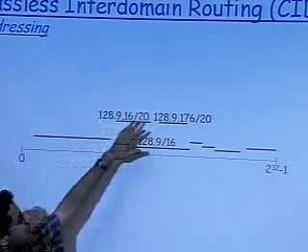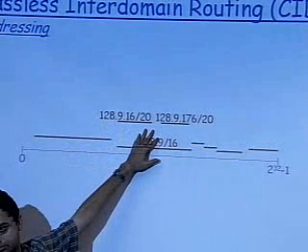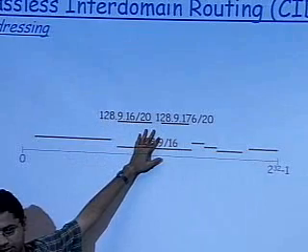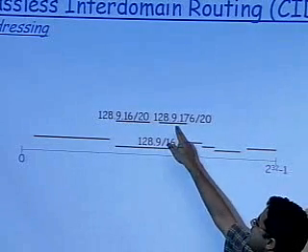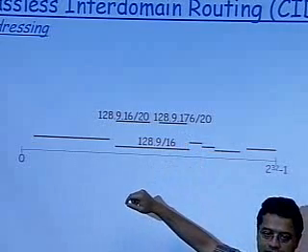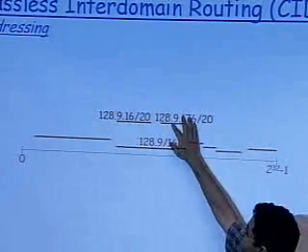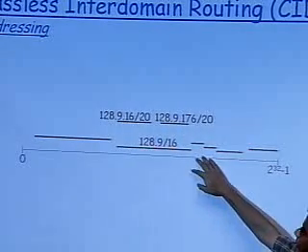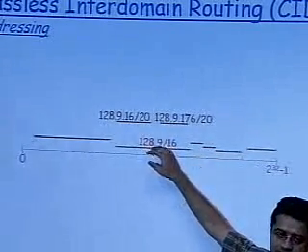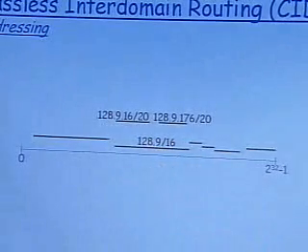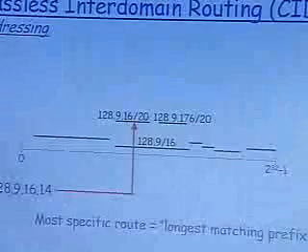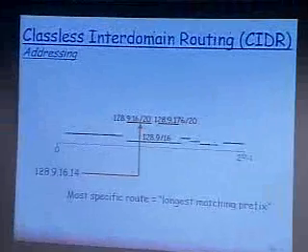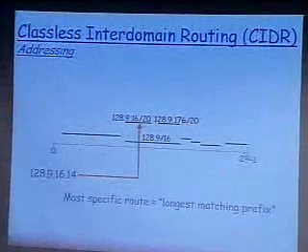Physically these correspond to different networks, right? So how is a router going to resolve when it sees an IP address of, let's say, 128.9.176? Is it going to use this CIDR prefix, since this line segment does fall under this region, or is it going to use this CIDR prefix? You're going to use the longest matching prefix because that is going to give you the most specific route.